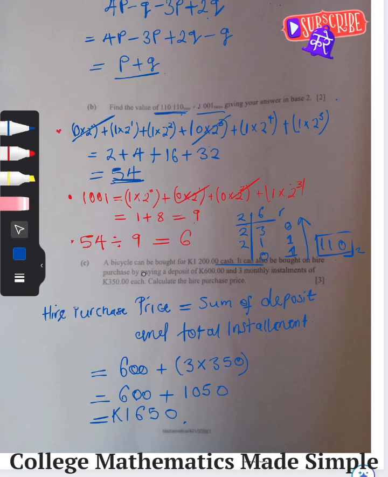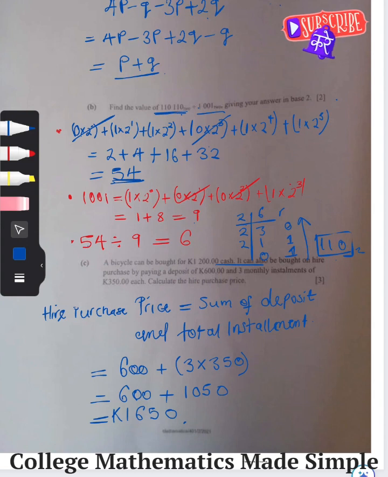The next question says a bicycle can be bought for 1,200 cash. It can also be bought on hire purchase by paying a deposit of 600 and 3 monthly installments of 350. Calculate the hire purchase price. So if we are buying this bicycle for cash, it is 1,200.